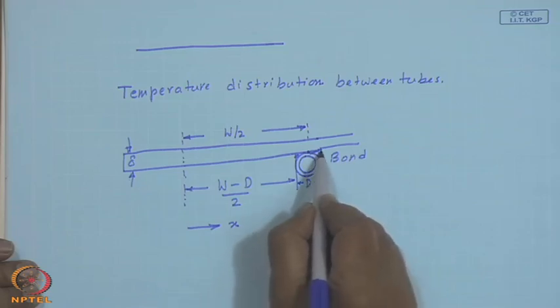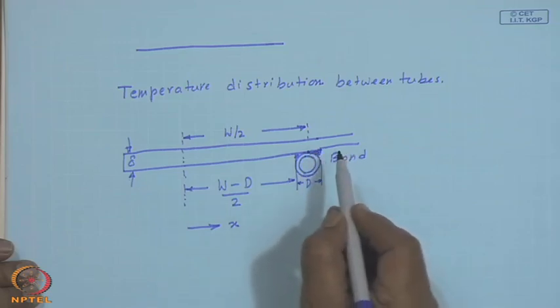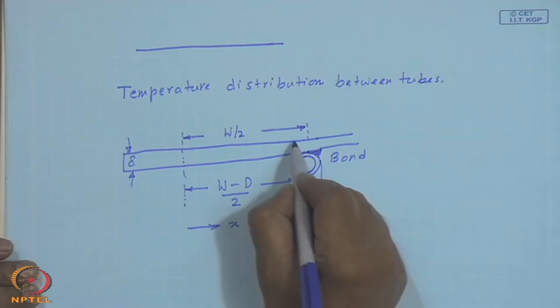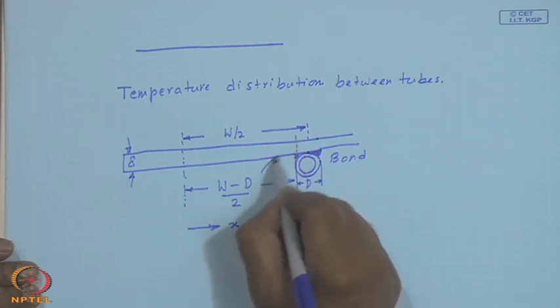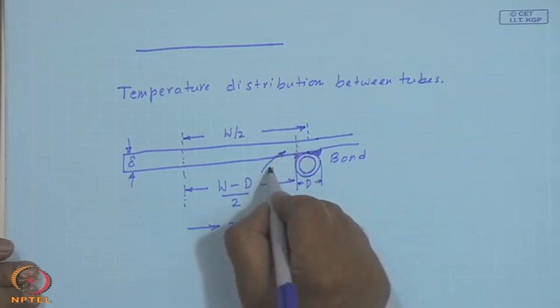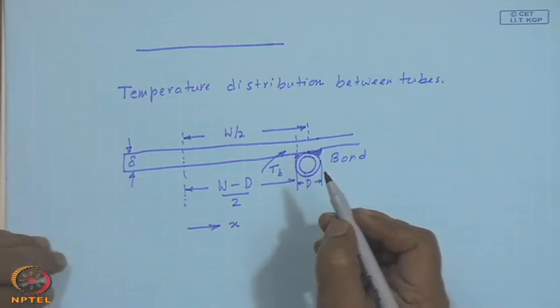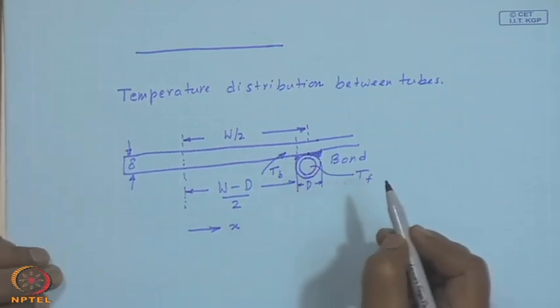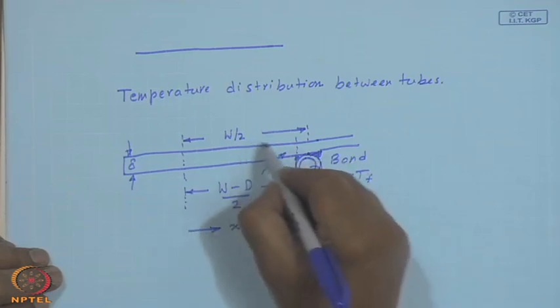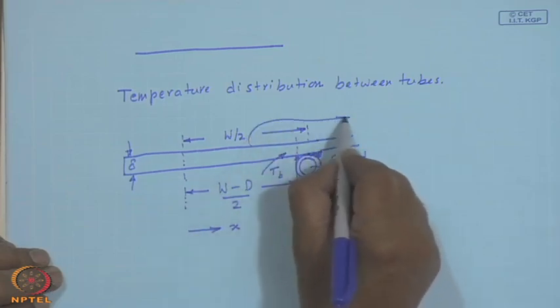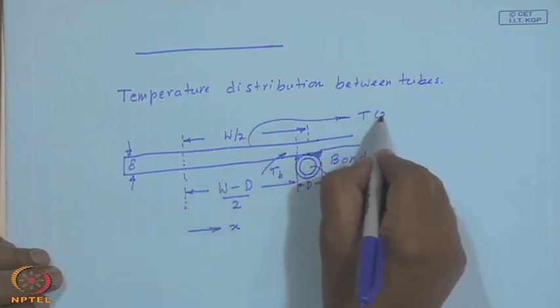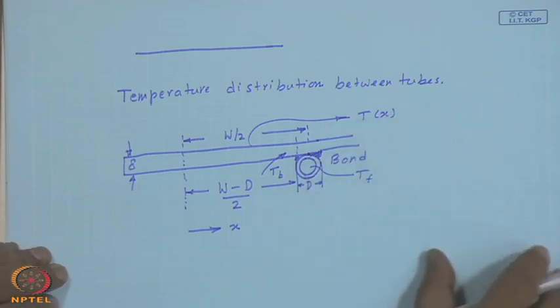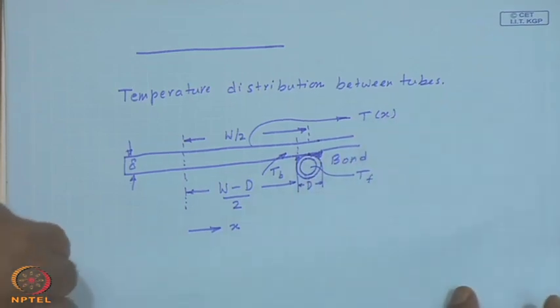It is given by some bond conductance, and then at the base will be a temperature of T b. Inside will be T f, right. Over here it will be T x, all right.